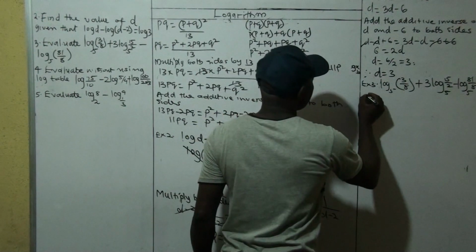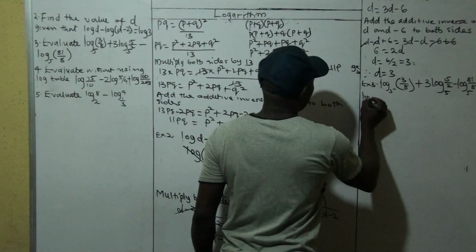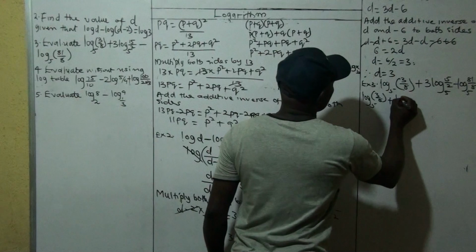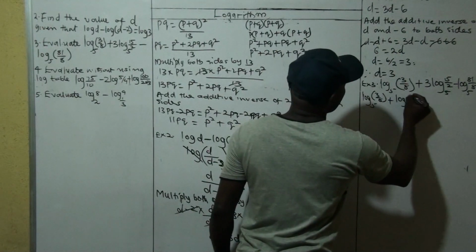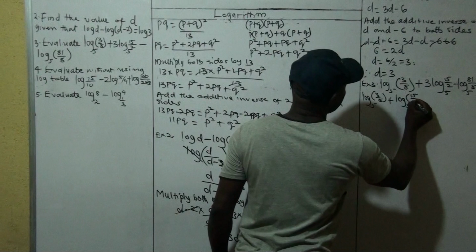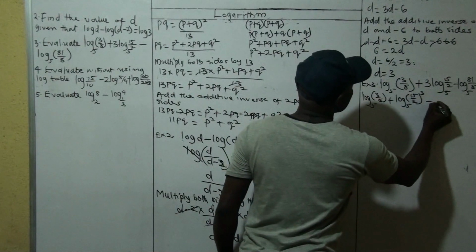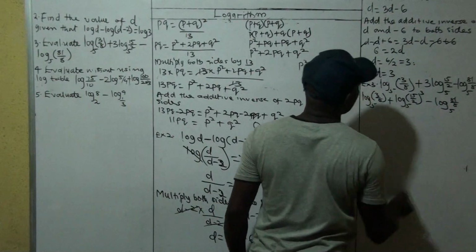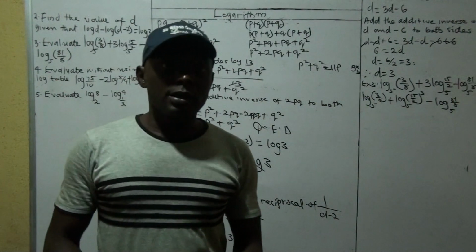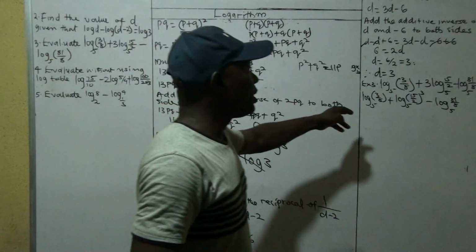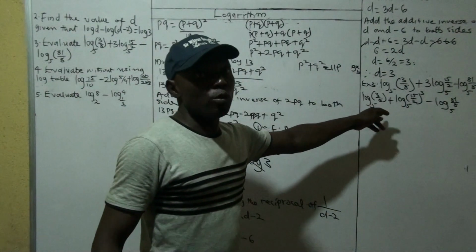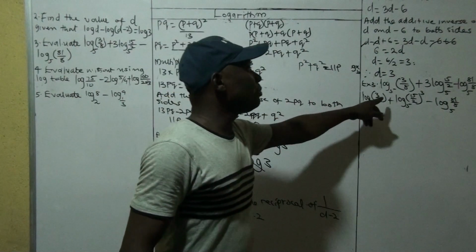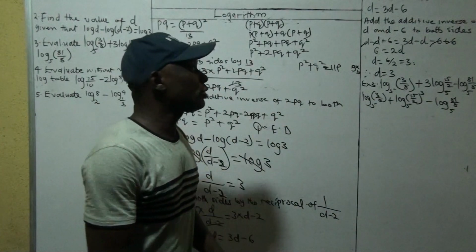So here we have, I will express it this way, log to base 5, 3 over 8, plus log to base 5, 15 over 2 all raised to power 3 first, minus log 81 over 8 base 5, before you now begin to apply your basic operation. Anytime the bases are the same and you are trying to use your basic operation in the laws of logarithm, make sure that the power has to go in first in some situations.